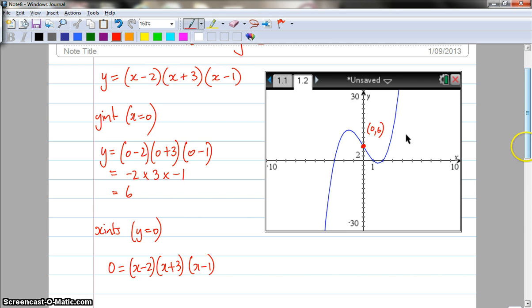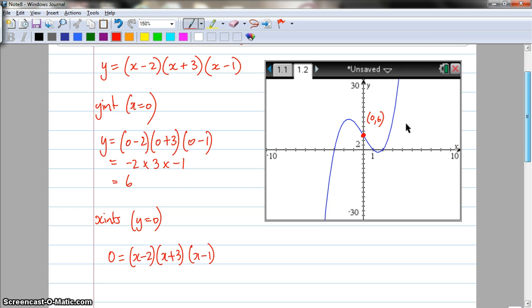Some of you have already seen where I'm going with this. Now I can use the null factor law, which you learnt in your other maths, to say that if (x minus 2) times (x plus 3) times (x minus 1) equals 0, then x minus 2 equals 0, x plus 3 equals 0, x minus 1 equals 0.